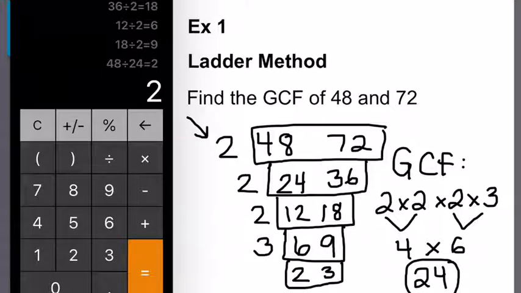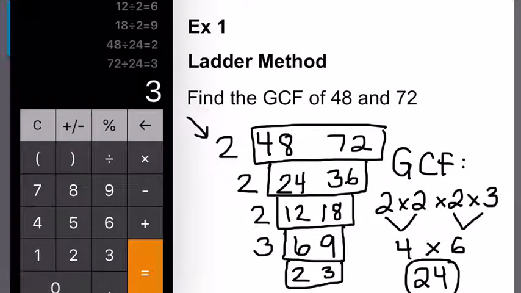So 2 times 24 is 48. 24 is a factor of 48. 72 divided by 24 is 3. So 24 times 3 is 72. 24 is a factor of 72. So the GCF of 48 and 72 is 24.